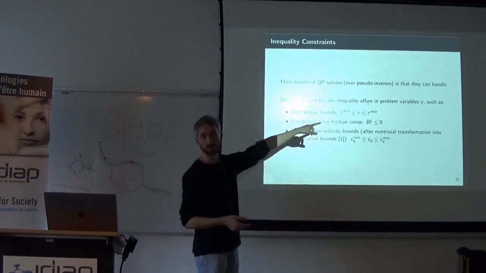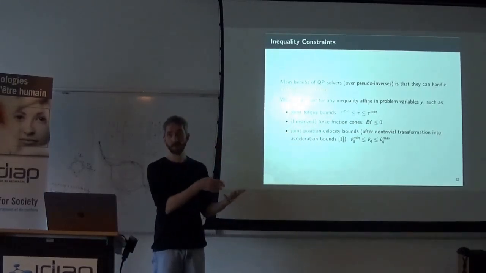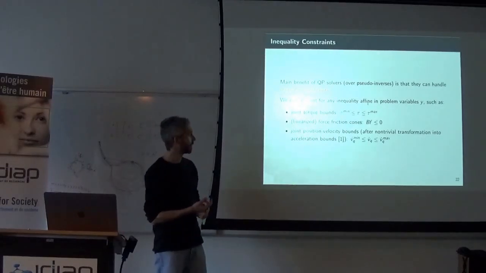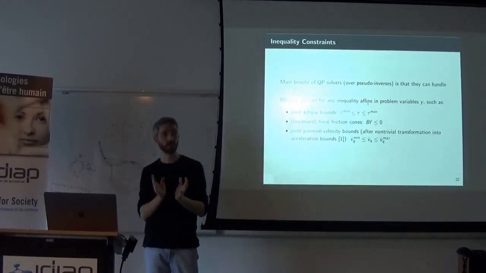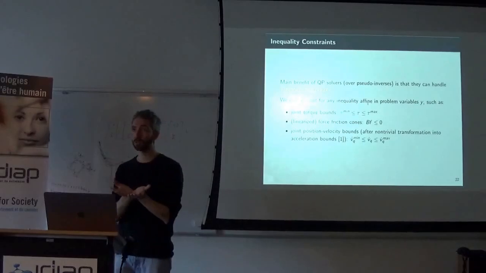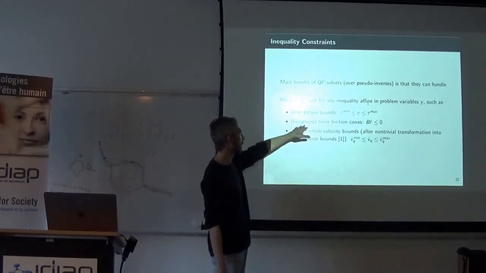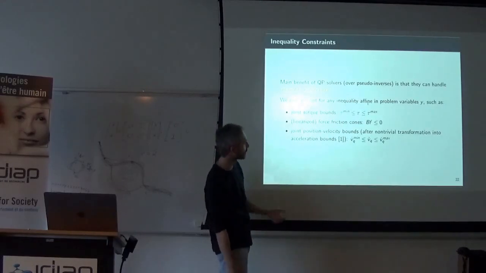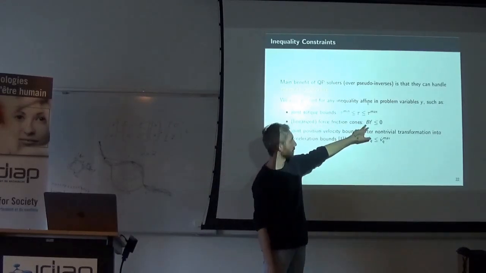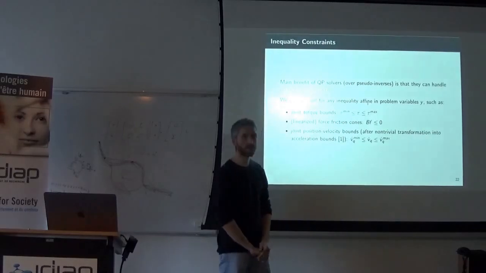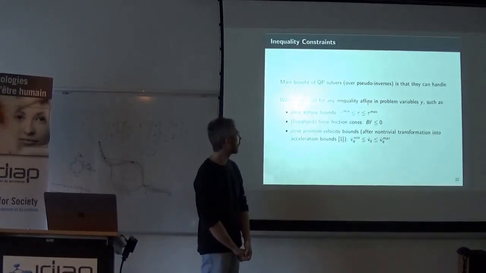The contact forces, which are a variable of the TSID problem, typically are constrained to stay inside friction cones. So you can represent that by linearizing the friction cone, which is quadratic typically. You linearize it and you represent it as linear inequality constraints.